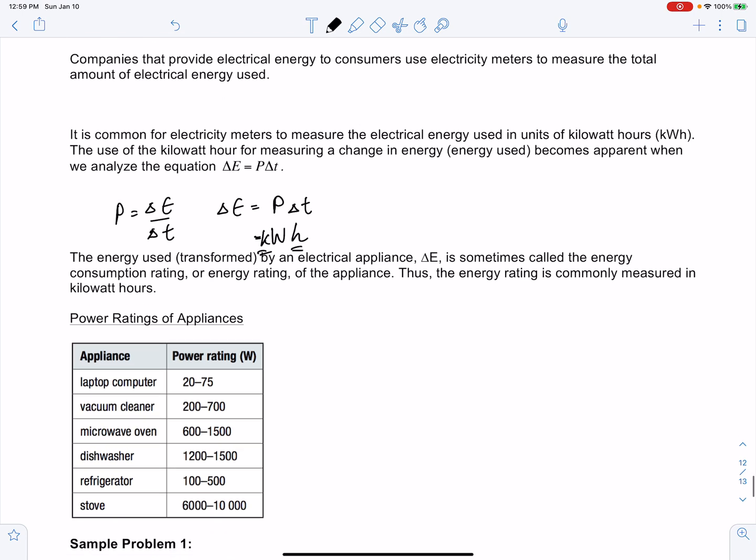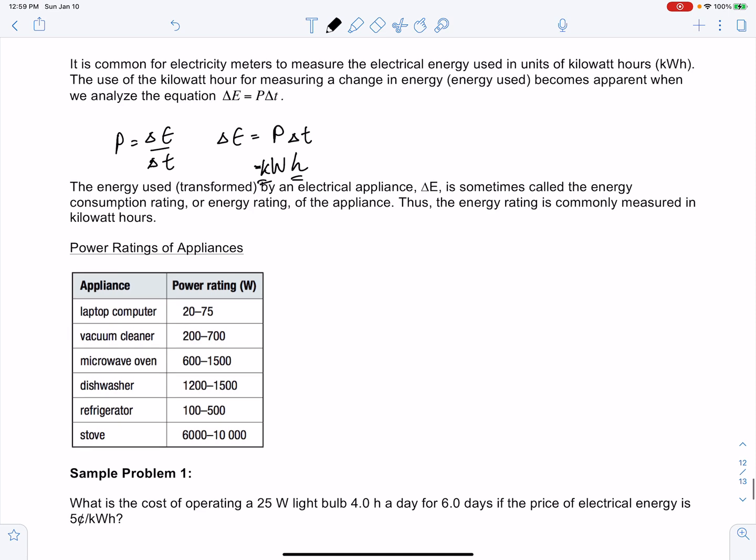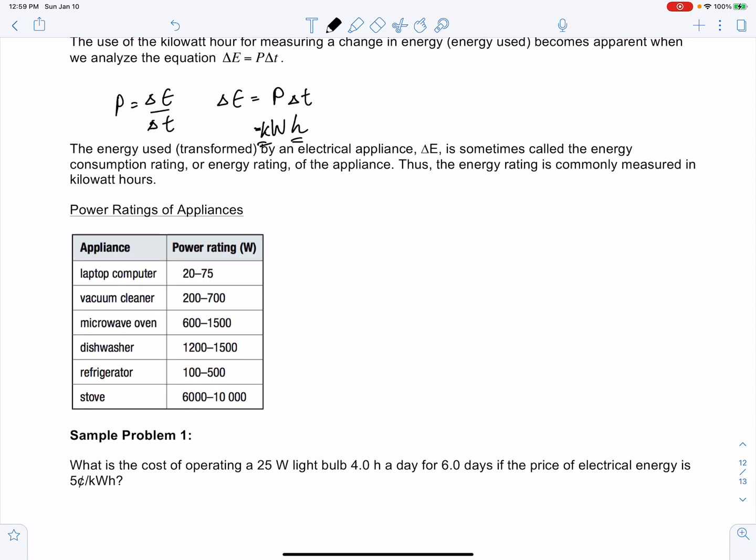Now, different appliances use different amounts of energy, and their power rating is measured in watts. Here we have a laptop computer that uses 20 to 75 watts. A vacuum cleaner has a power rating of 200 to 700. All of these have different ratings. You can see some use more electricity, some use less electricity.